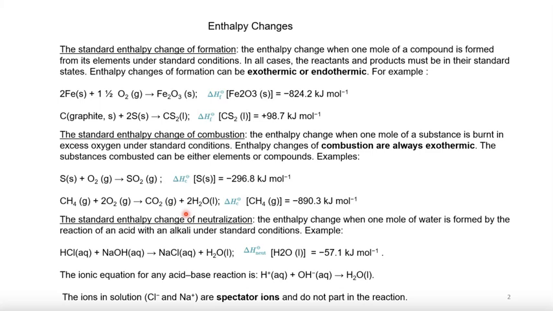Well, next one is the standard enthalpy change of neutralization. What do you understand by neutralization? It's nothing but that if we react an acid with an alkali in standard condition, that reaction is called a neutralization reaction. Sorry. So the neutralization reaction we are taking is aqueous hydrochloric acid and aqueous sodium hydroxide forming aqueous sodium chloride and water.